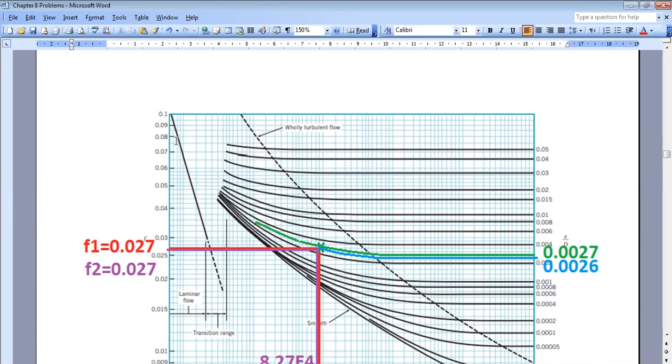But if you start with a value that is close, you will not need several iterations to reach your accurate solution. So the initial assumption only affects the number of iterations; otherwise, at the end you will get the same final results. Okay, thank you.